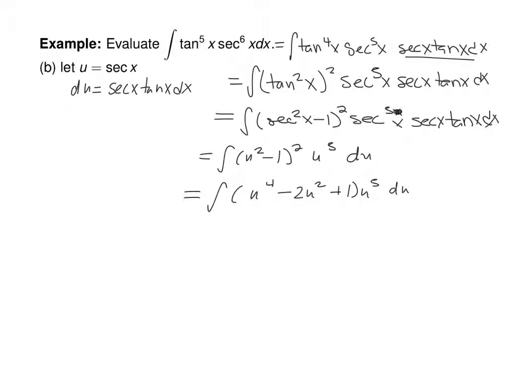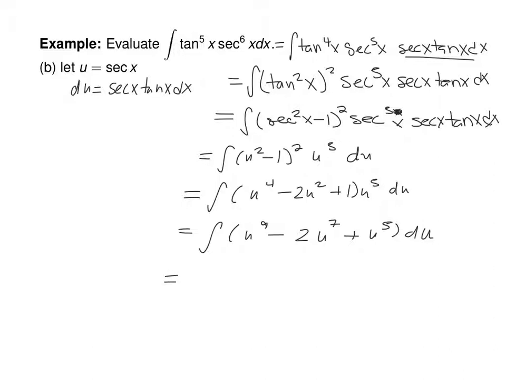Oh, the algebra. So we have the integral of u to the ninth minus 2u to the seventh plus u to the fifth du. Now let's anti-differentiate and plug everything back in.